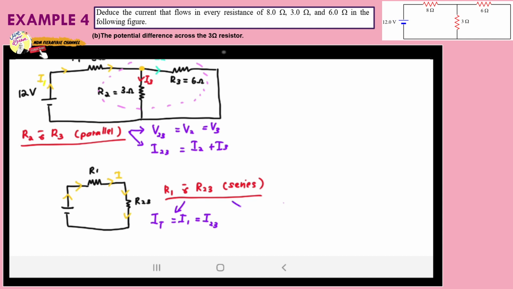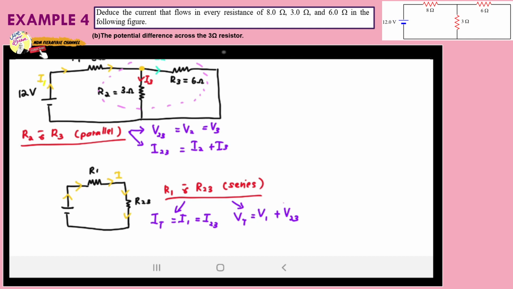And second, I will write about the voltage, where the total voltage must equal to voltage across R1 plus voltage across R23. So yang purple color ni untuk memudahkan saya, untuk guide saya bila saya buat calculation.